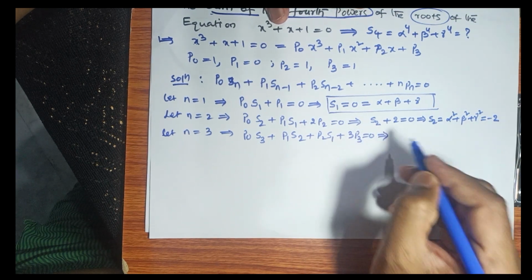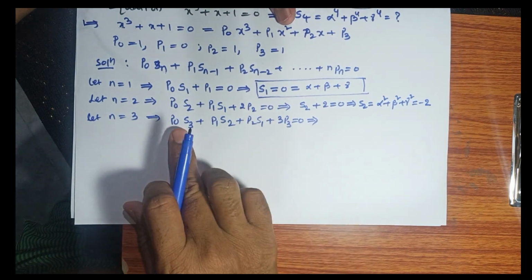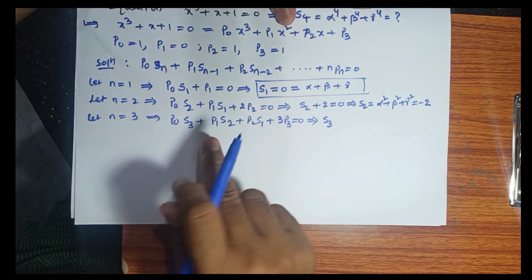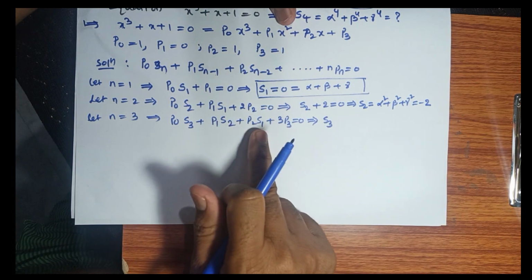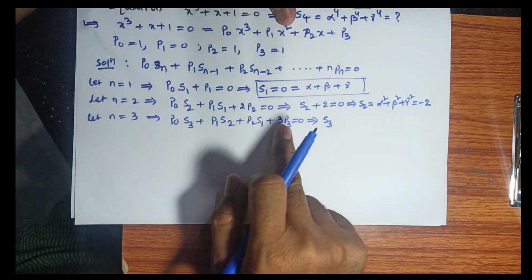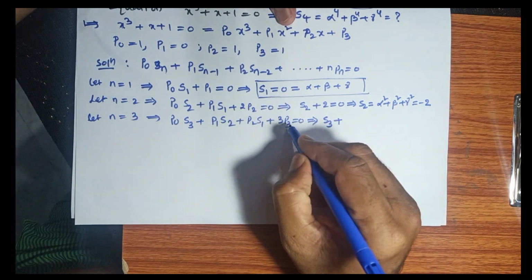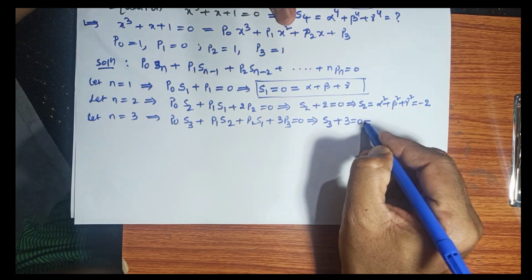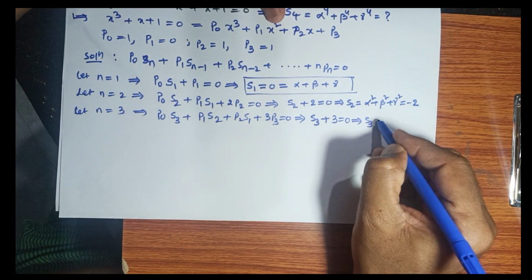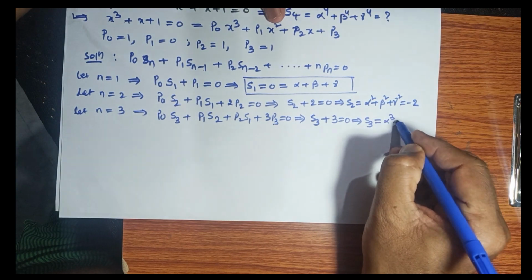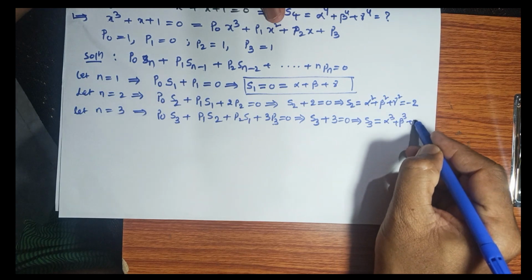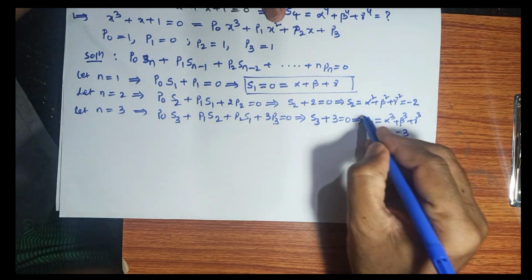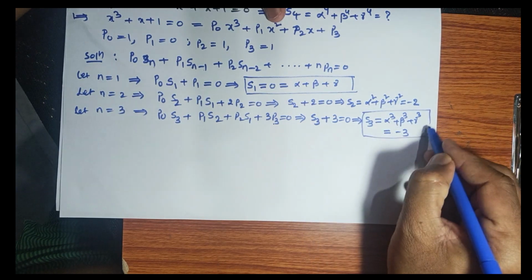P0 is 1, so S3; P1 is 0 and P2 S1 is also 0. Plus 3P3, where P3 is 1, so plus 3 is equal to 0. That implies S3, which is alpha cube plus beta cube plus gamma cube, is equal to minus 3. So this is the answer for S3.